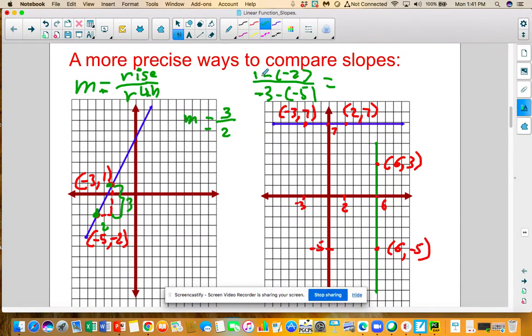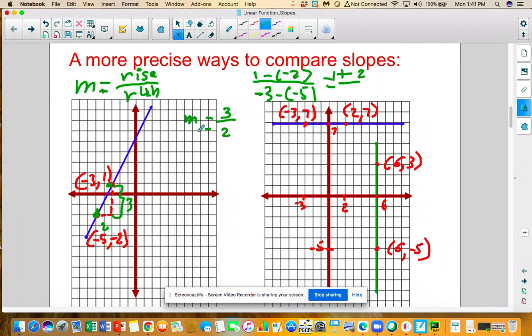So if we subtract the y values, that will give us this distance right here of 3. So 1 minus negative 2 is 1 plus 2, that's equal to 3.